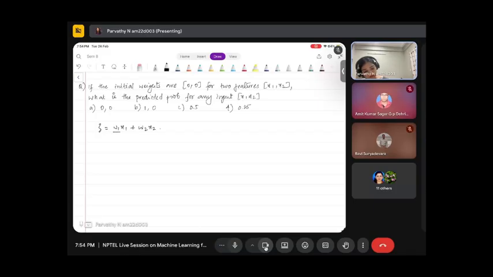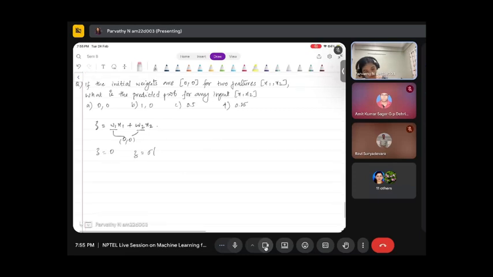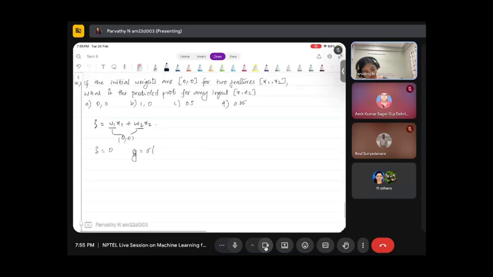And they mentioned that these weights are 0 and 0. So what you get as Z is 0. Then y hat is equal to sigmoid of Z, that is sigmoid of 0, so it is 0.5.